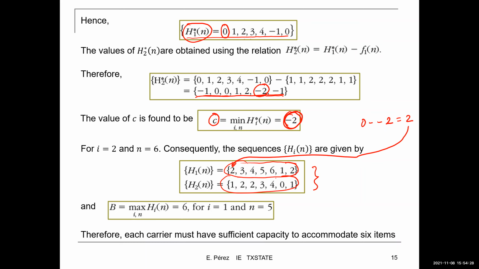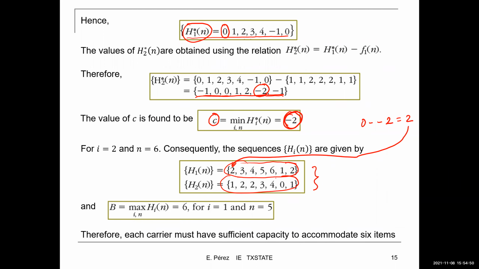So at this point, we're basically at the end of the process. B is going to be the maximum from these two sets. So the maximum is 6. So essentially what this is saying, if you look at every possible sequence for this conveyor, the maximum number of items that you're going to have at any point is going to be 6.